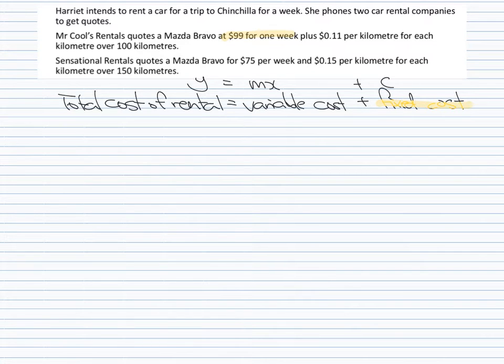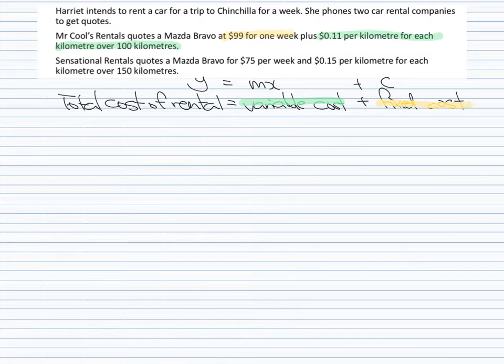And then for every kilometer that you drive over 100 kilometers, I'm going to charge you an additional $0.11 on top of that. That is your variable cost. This cost may change depending on how much you drive.